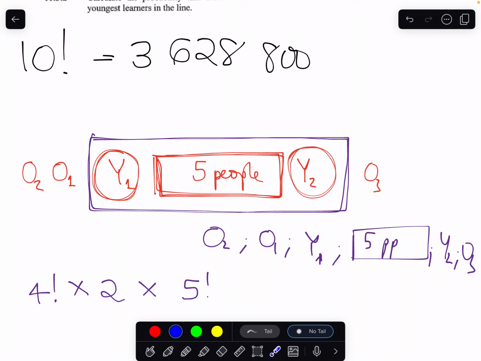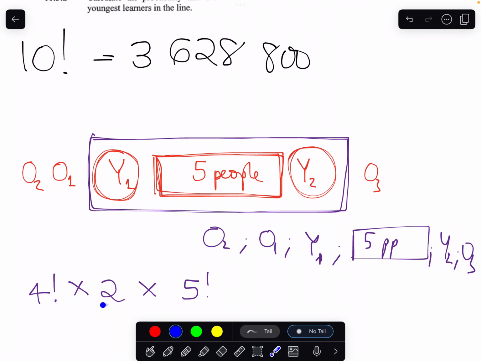So let's just recap what's going on here. 4 factorial counts the number of ways that we can arrange 3 people and a group of 7 people. The group of 7 people is going to be one item, and the 4 factorial counts how many ways we can arrange these 3 floating people and a group of 7 people.